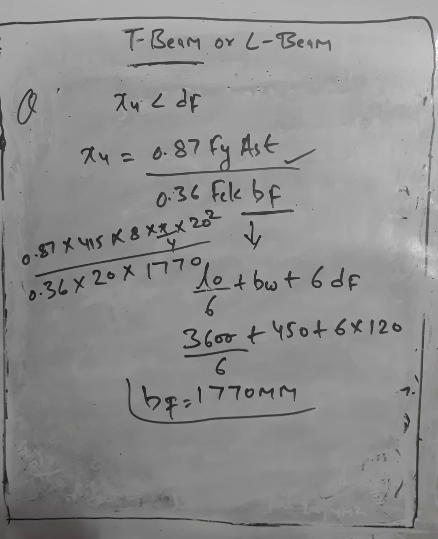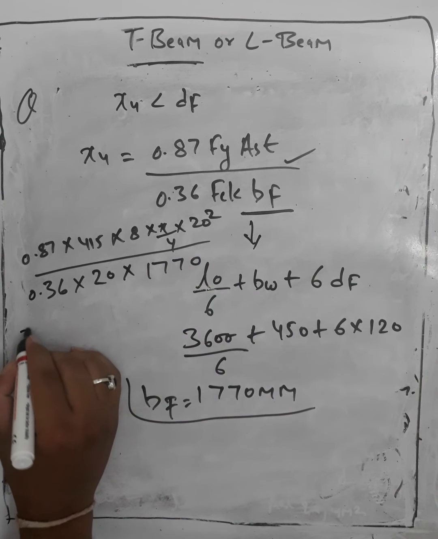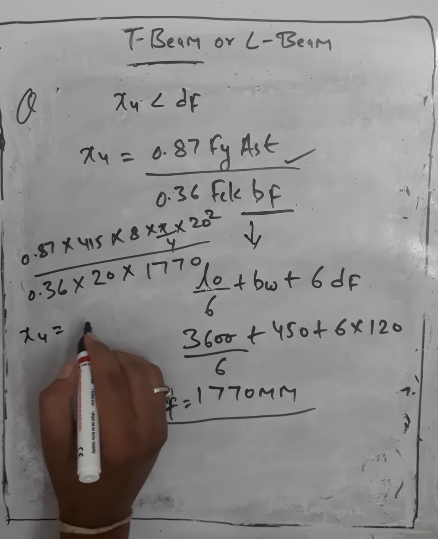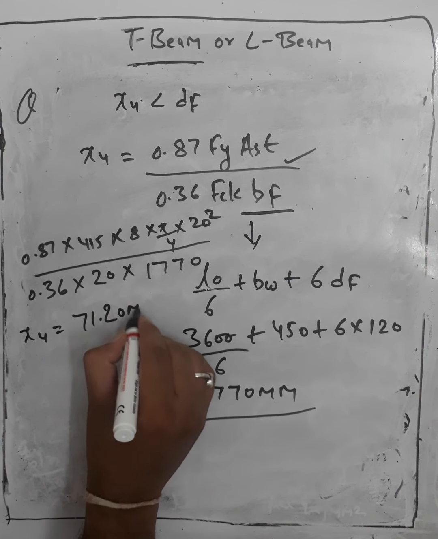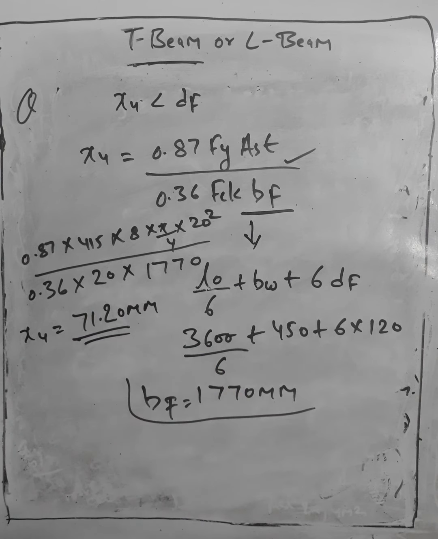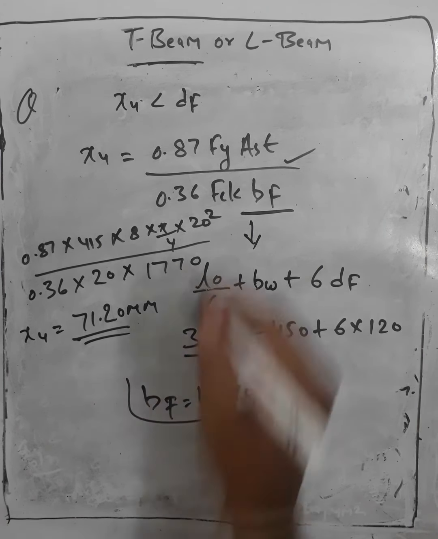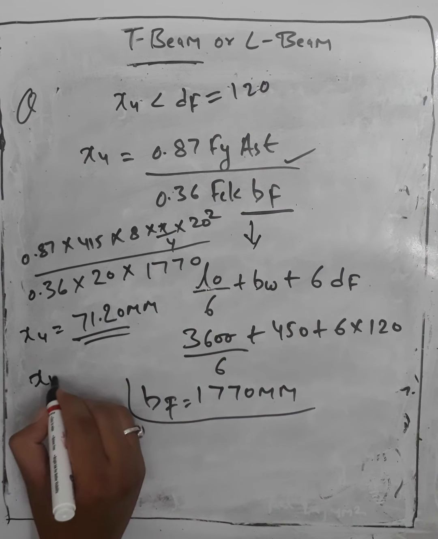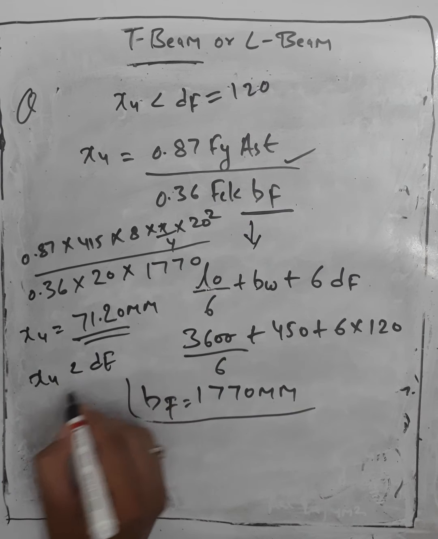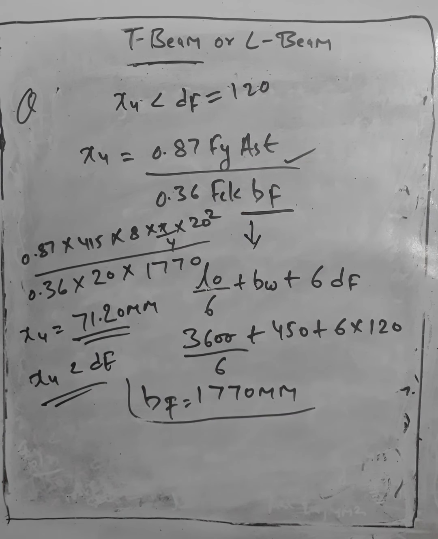From here we get XU is equal to 71.20 mm after solving this equation. So this is our XU value, and here we assumed XU is less than DF and DF is equal to 120. That means we assumed correctly, XU is less than DF.